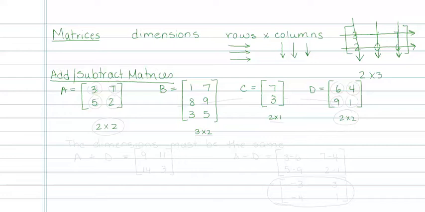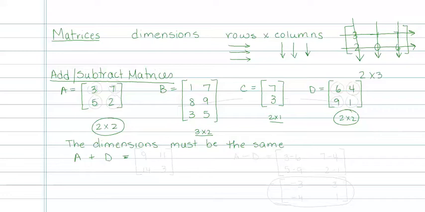The rule when you add 2 matrices is that the dimensions must be the same. So when you look at these 4 matrices, the only 2 that you can add are matrix A and matrix D, because they both have the same dimensions. You cannot add B and C, they're not the same. So you can't add or subtract those, but we can add or subtract matrix A and D.